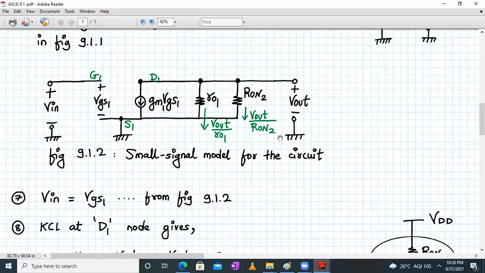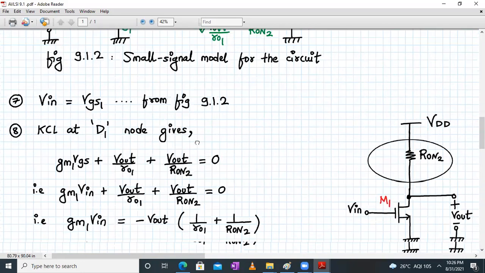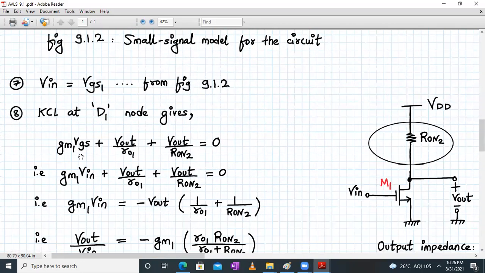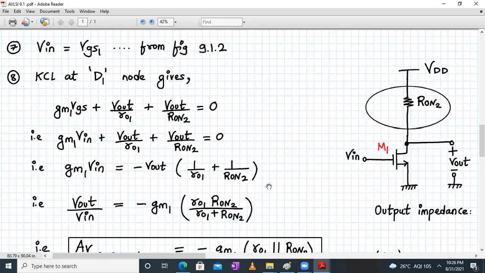So we take all outgoing currents. We get gm1 into vgs1 plus Vout upon ro1 plus Vout upon Ron2 is equal to 0. So that's what we have written over here. Then in the next step, we substitute vgs in terms of Vin, right? So gm1 into Vin plus Vout upon ro1 plus Vout upon Ron2. So we club the terms together, right?